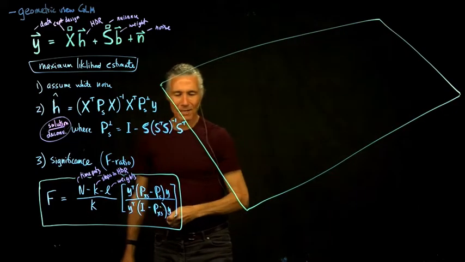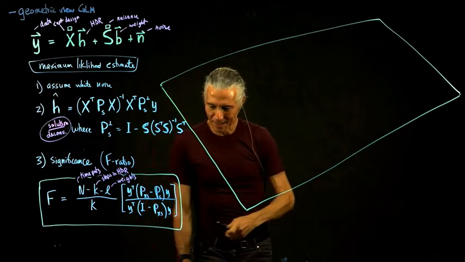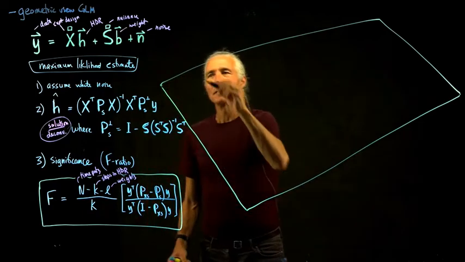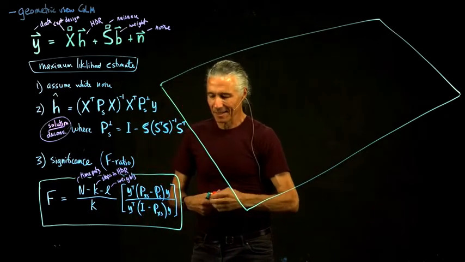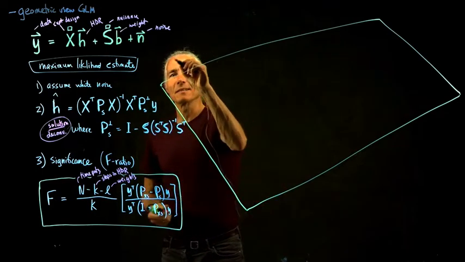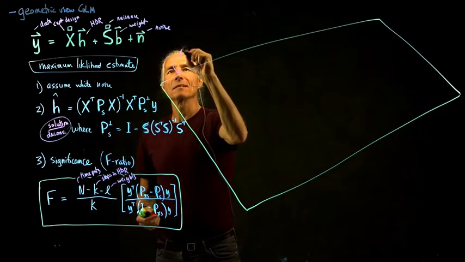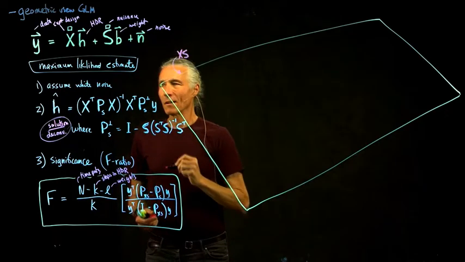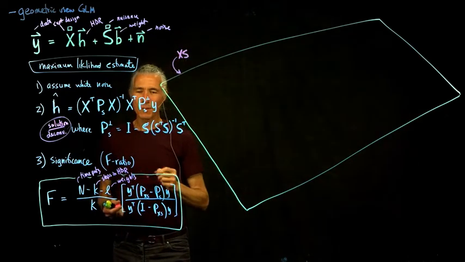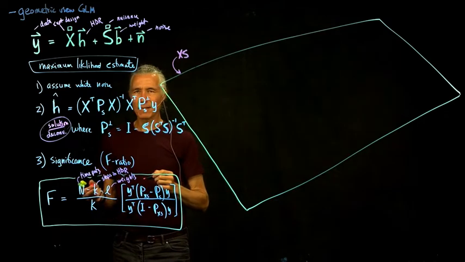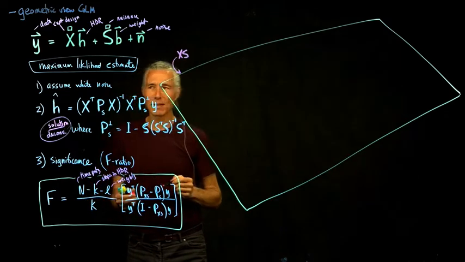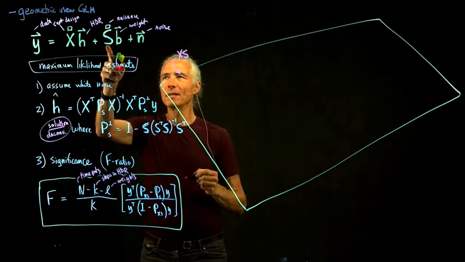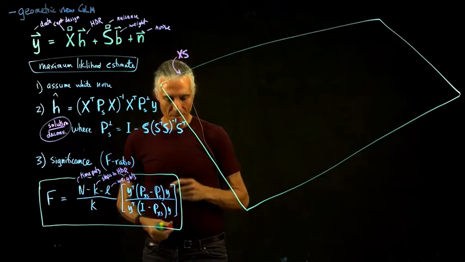And what is this space? This space is the X S space. So this is the space of all the kinds of time courses that can be explained by the experimental design matrix, and also the time courses that can be explained by the nuisance variable matrix.